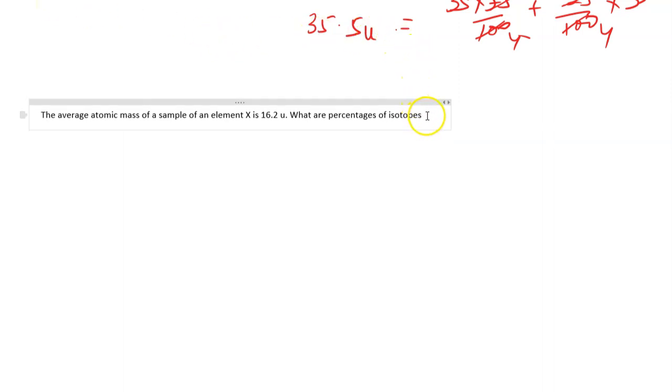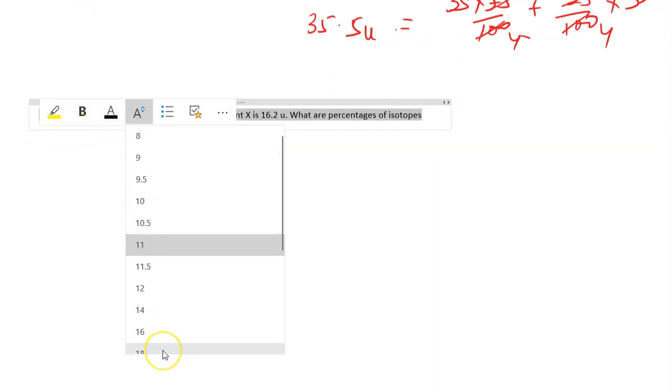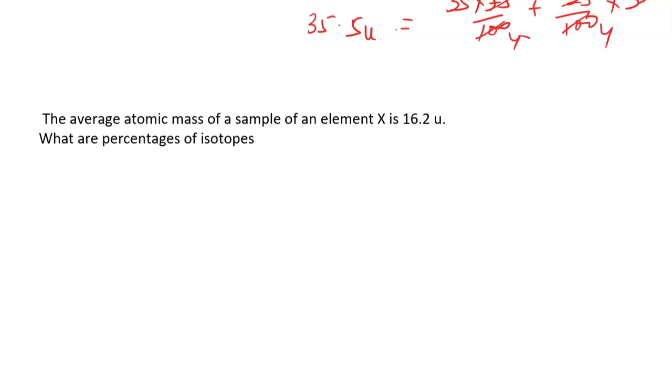So let us do this question. The average atomic mass of a sample of an element X is 16.2 U. What are the percentages of isotopes? Assume that the element has two isotopes. This should be given in the question.